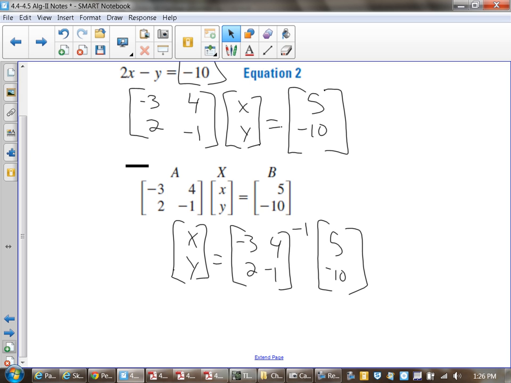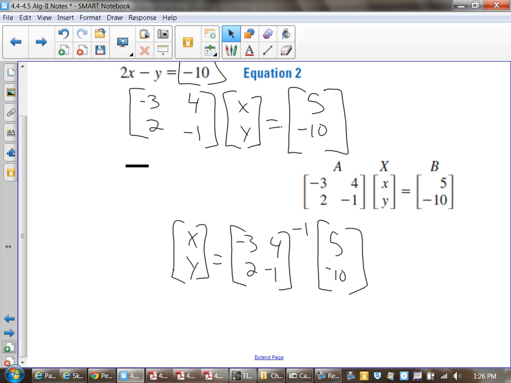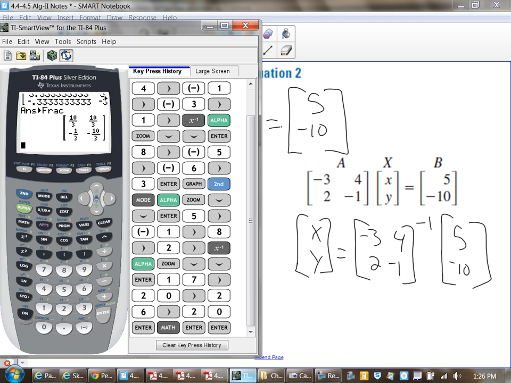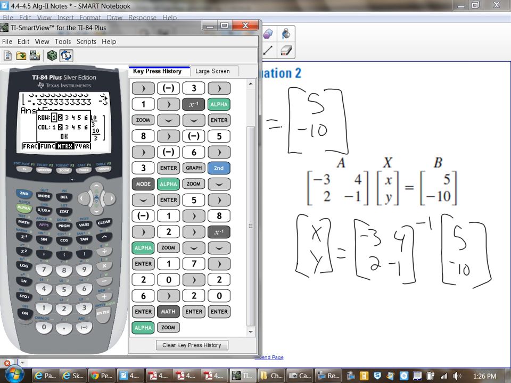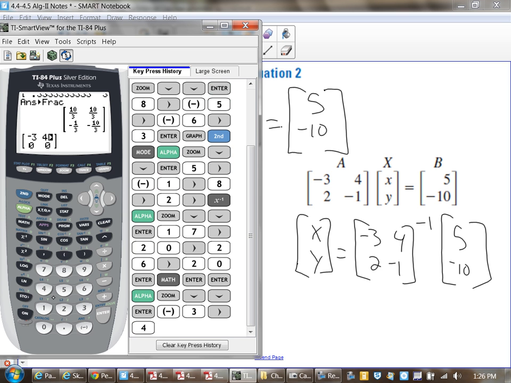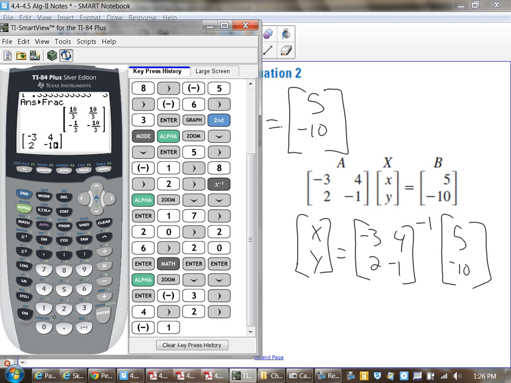Now, when you put this in your calculator, it still looks the same. Alpha Zoom, 2 by 2. Negative 3, 4, 2, negative 1. Inverse. Now, what's the dimension of the 5, negative 10?